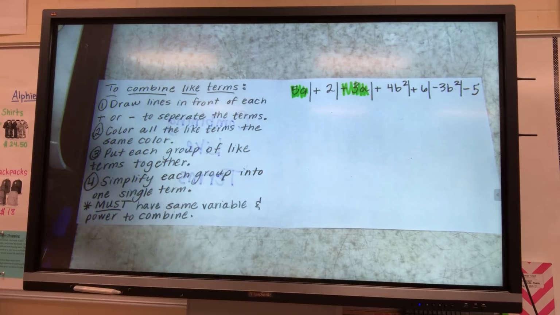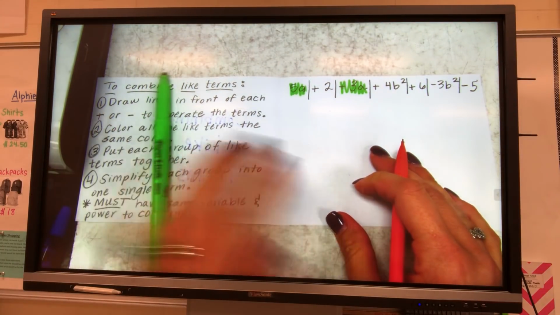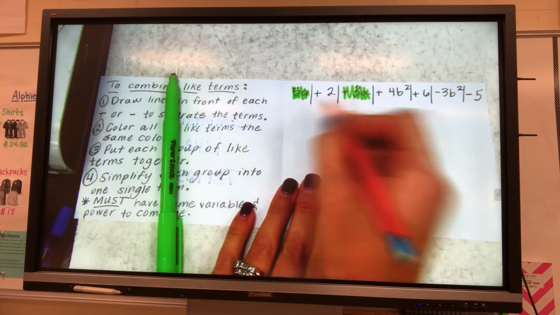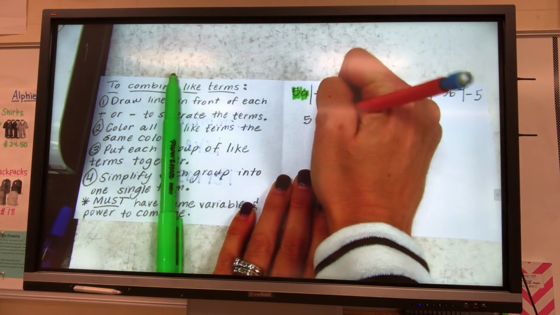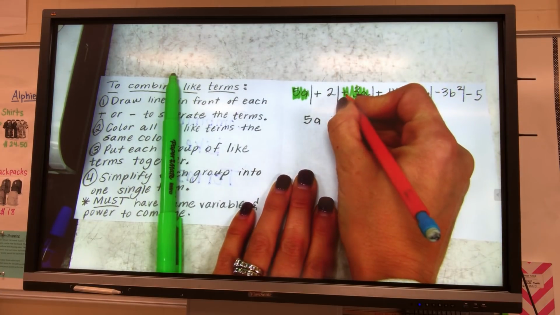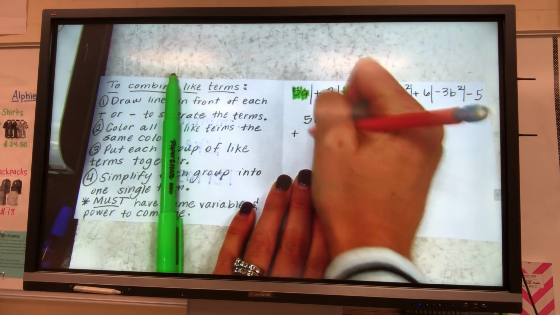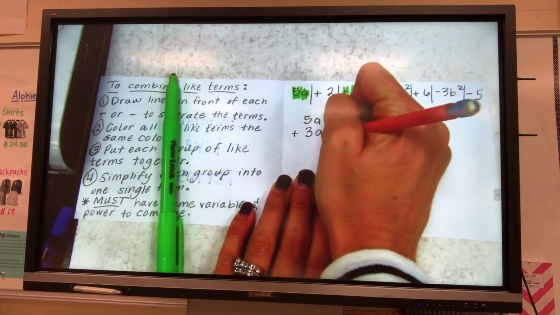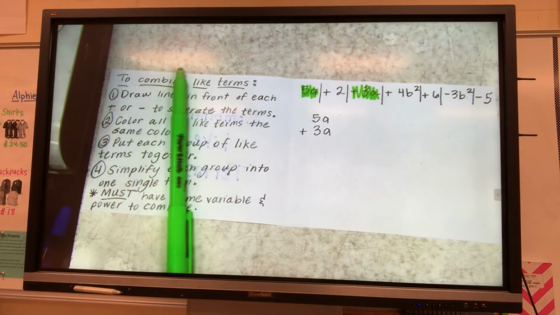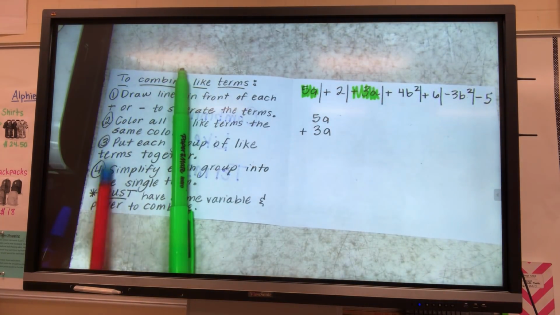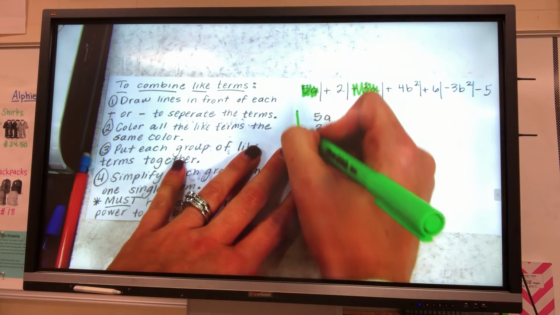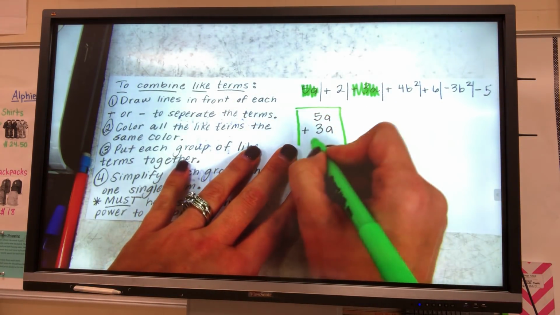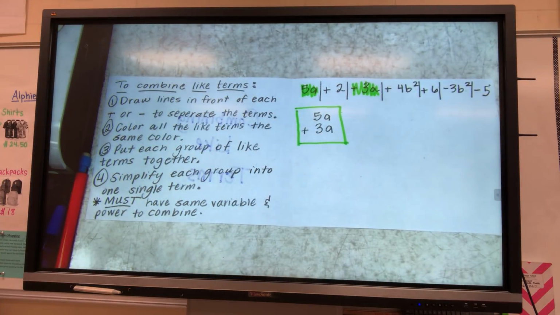Now with my pencil, keep your highlighter out. You're going to need that color in just a second. I'm going to write these down in the order that they appear in the problem: 5a, plus 3a. Okay, leave it right there. Put a box around your green. This is what we were saying was green.